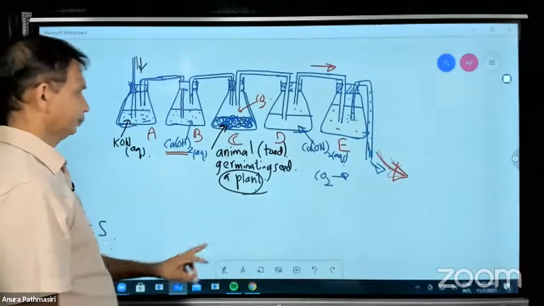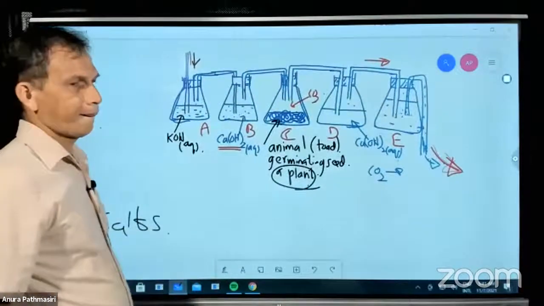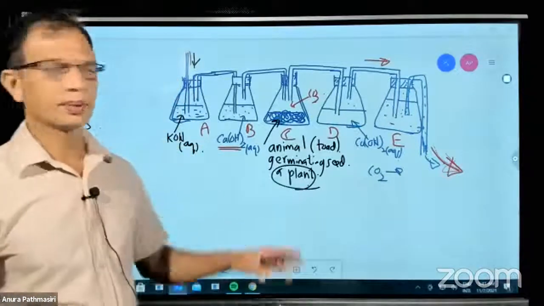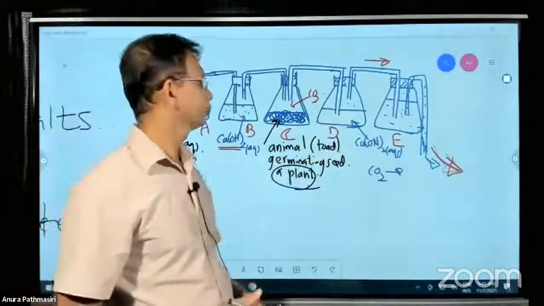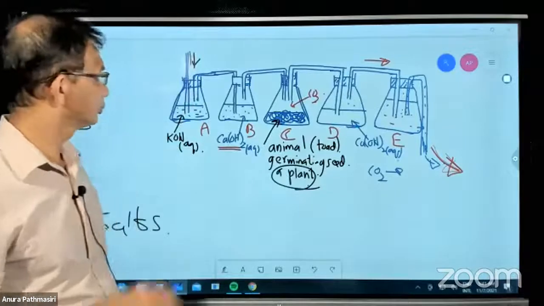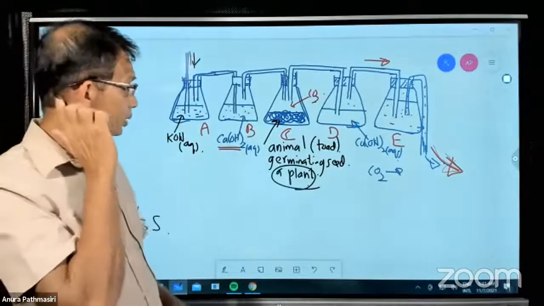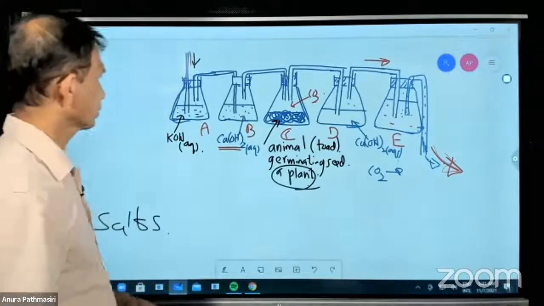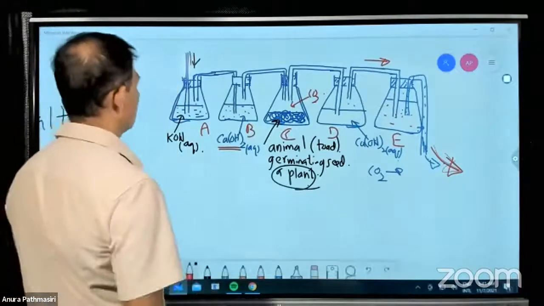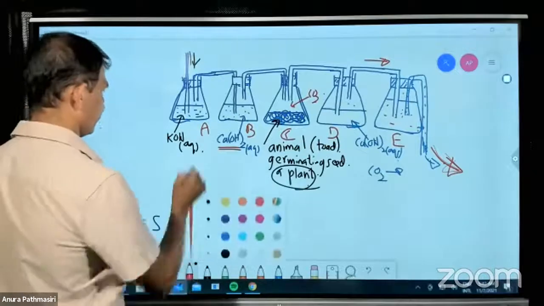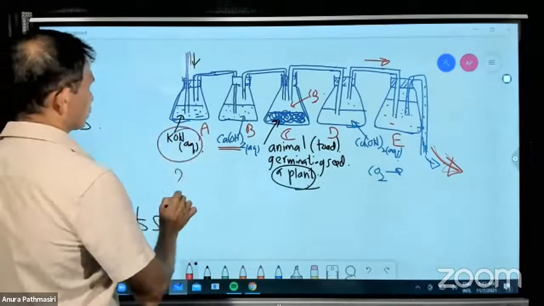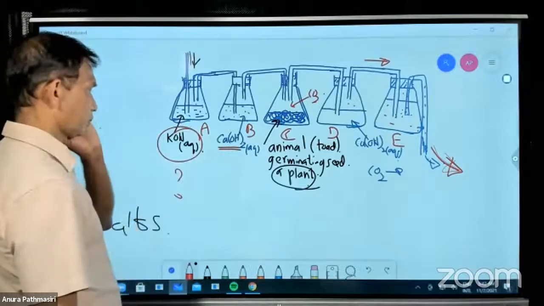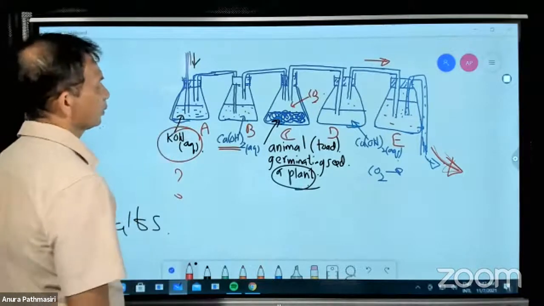Is this clear? Yes, sir. Anything you want to ask from this part? What sort of questions can be asked? What is this solution? What is the function of it? What is this solution? What is the function of it?